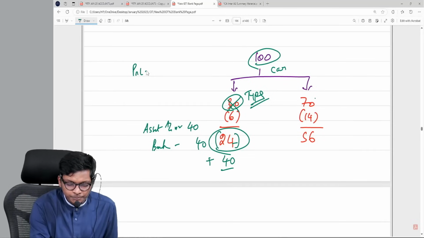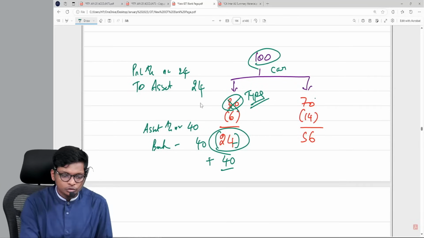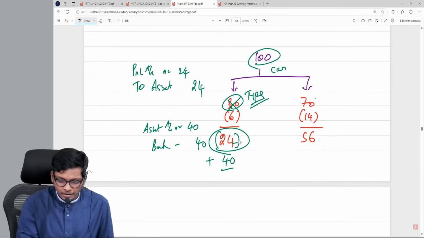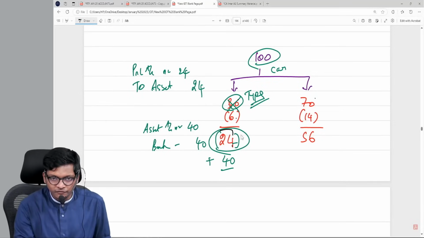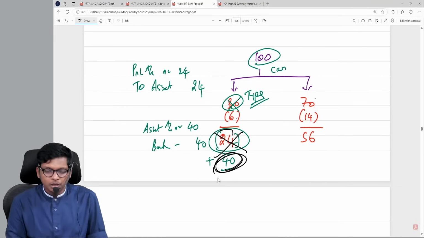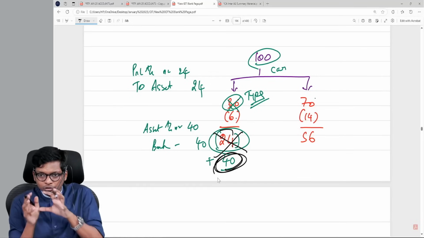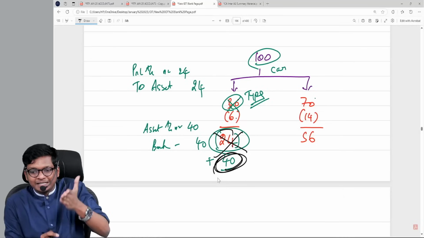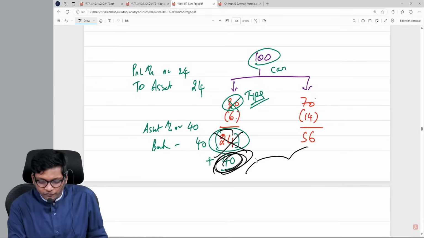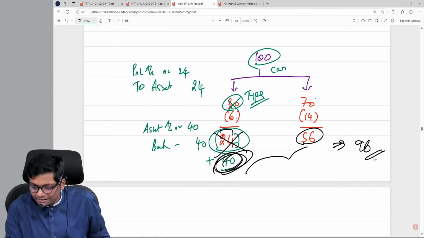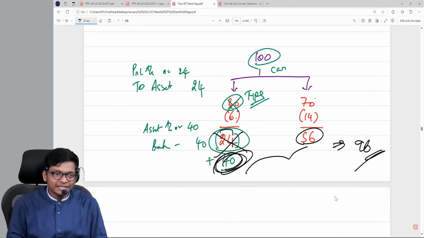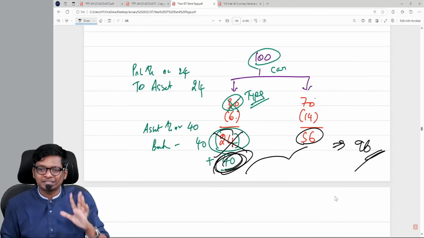So I will write P&L account debit 24 to asset account 24. So effectively what will happen to the asset? From 30 minus 6, 24 will go away and be replaced with 40. That means the old asset is removed, the new asset is added. What is the full book value now? 40 plus 56, which is 96. Are you following, guys? This is what is called derecognition of an asset in AS10.